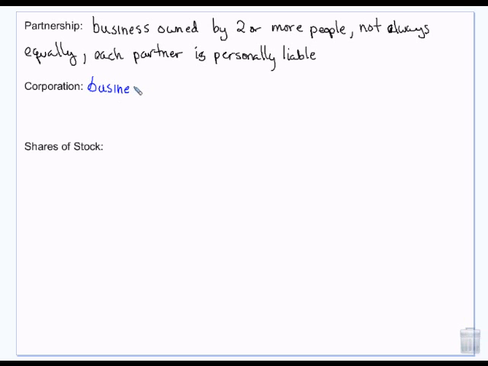A corporation is a business entity or business organization that has all of the same rights as a person. Okay. It can be owned by one or more people.